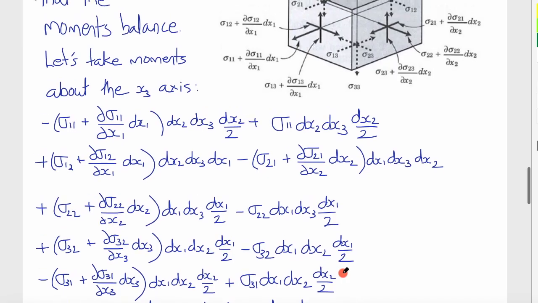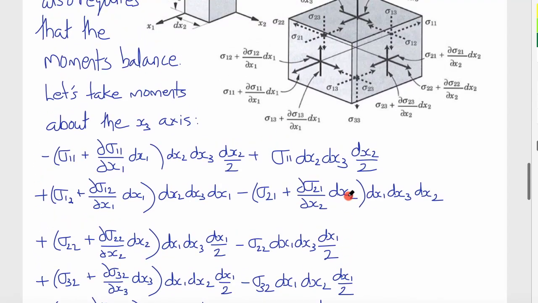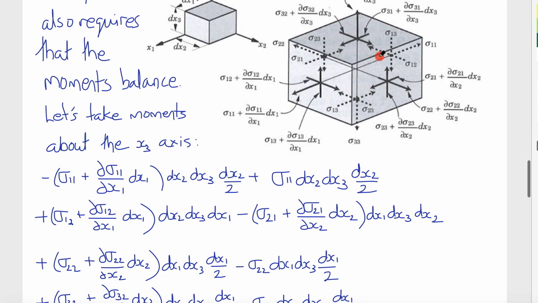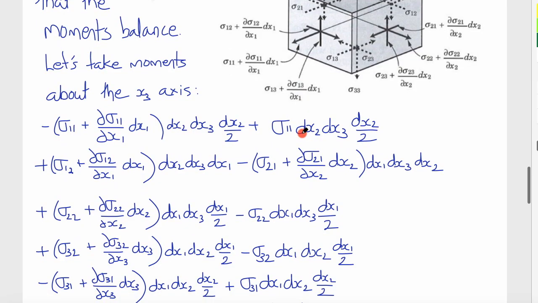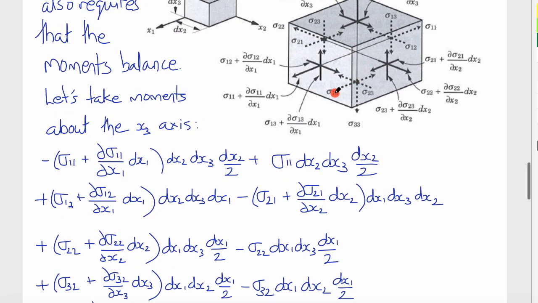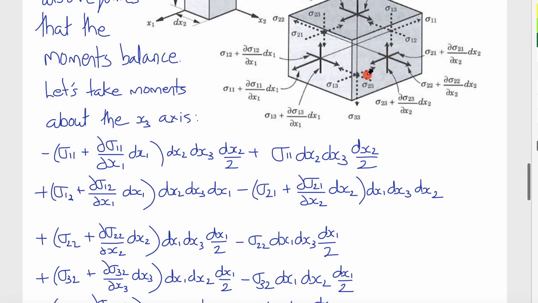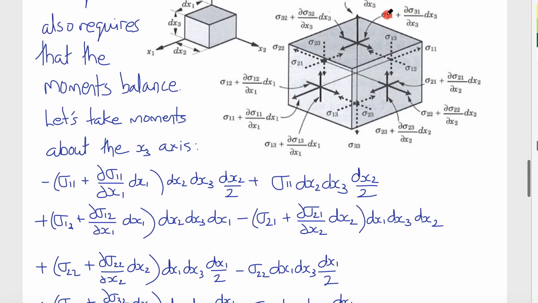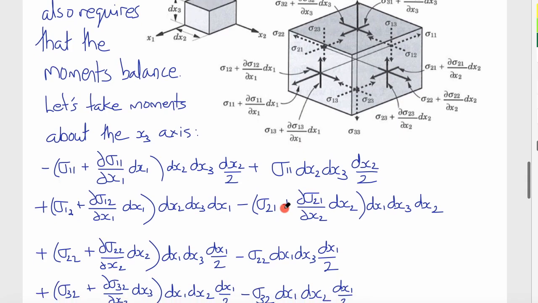And so on with the other components. This one here, sigma 3,2 plus del sigma 3,2 dx3 and times dx3 and sigma 2,3. And this one here, sigma 1,3, and this one here, sigma 3,1 plus del sigma 3,1 del x3 times dx3.